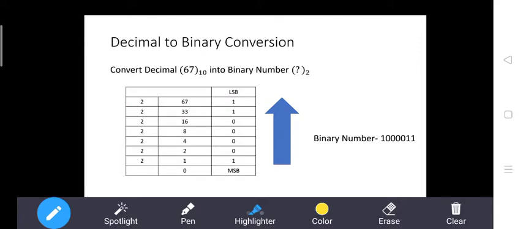Okay. Next, 33 divided by 2, answer will be 16. 16 into 2, 32. 33 minus 32, remainder will be 1. Next, 16 divided by 2, answer will be 8. 8 into 2, 16. 16 minus 16, remainder is 0.